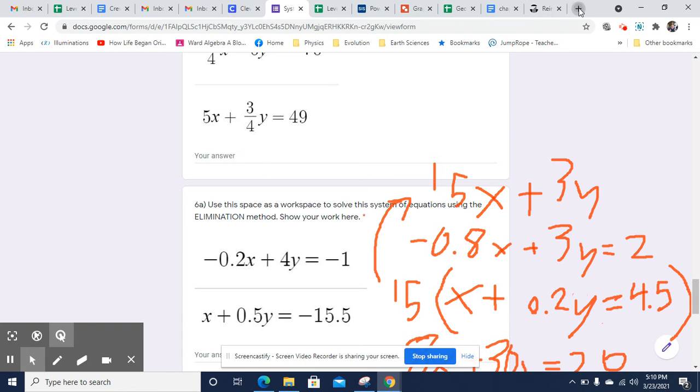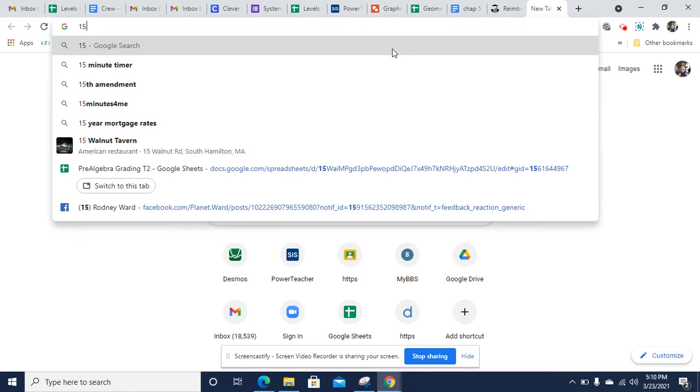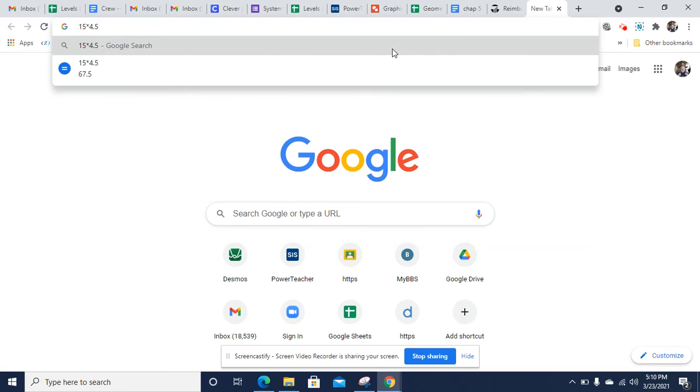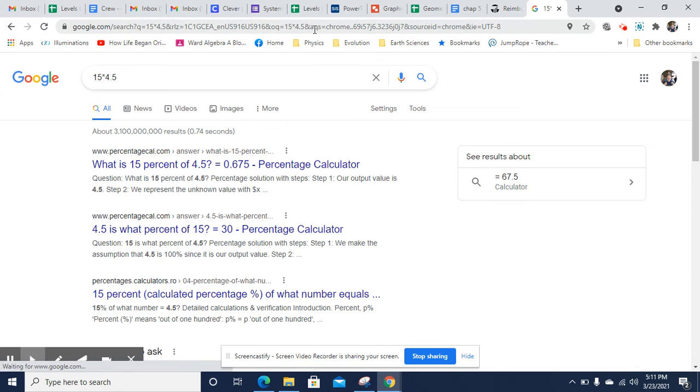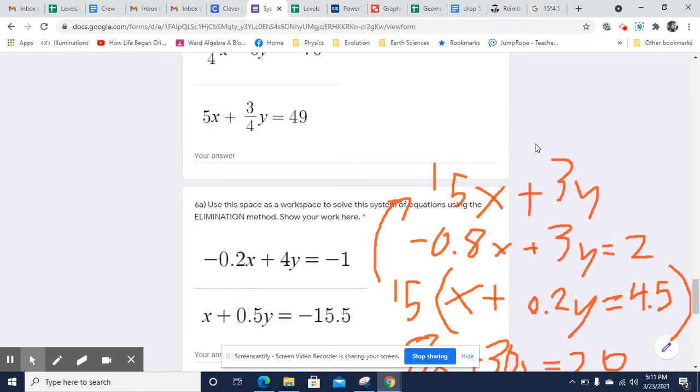Let's see what is 15 times 4.5. 15 times 4.5 is going to be 67.5. Back into our question. So 67.5, I believe is what it said. So 67.5. And now I've got two equations with matching coefficients.